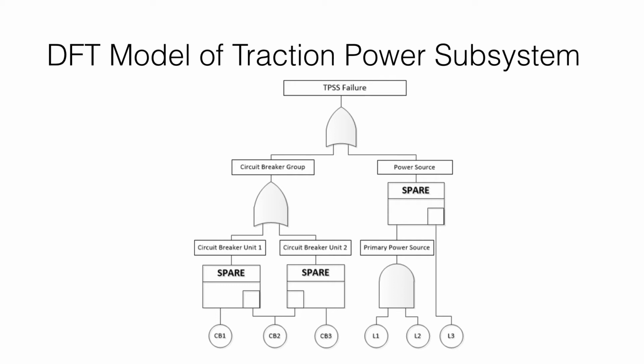So whether it be a failure in one of the circuit breaker units, or if the power source also goes down. But keep in mind that there's a lot of redundancy built in here. There are spare circuit breakers, and there are also spare power sources. So the traction power system, from a reliability standpoint, appears to be fairly robust, and the numbers which we will receive through our computation will indicate as such as well.